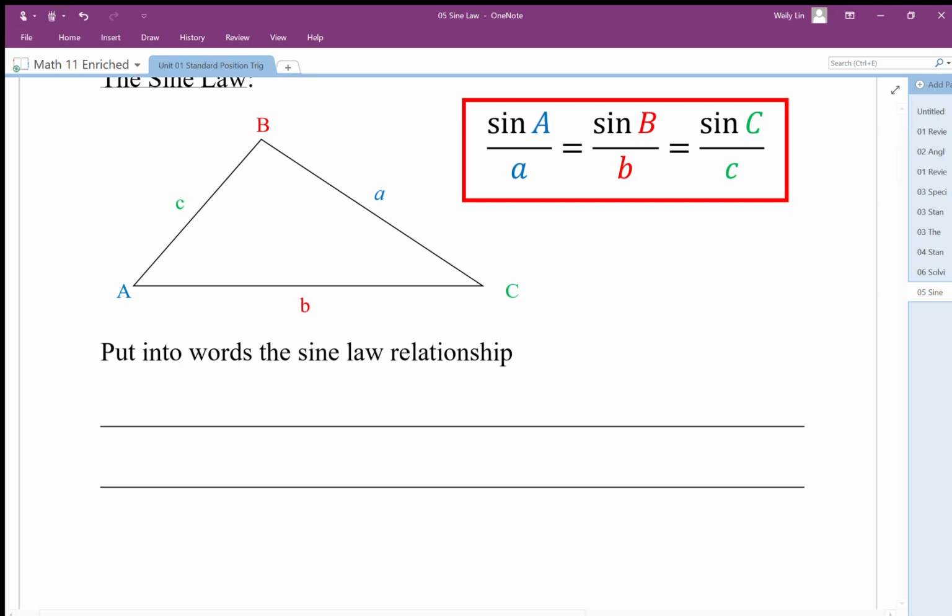Essentially, the sine law is just the relationship between the angle and the opposite side.